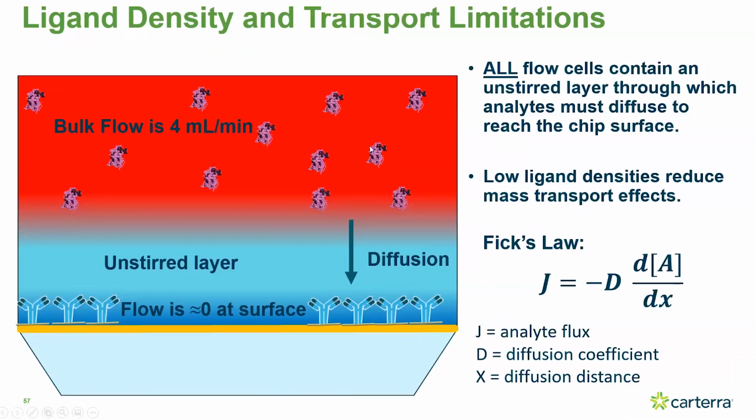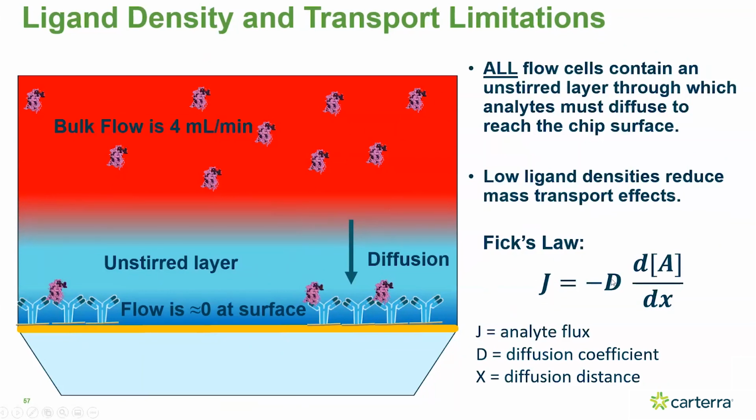So a property of all laminar flow cells is that you have a bulk flow, and then as you approach the surface, there's actually no fluid movement. And so you end up with what's called an unstirred layer that molecules need to diffuse through to actually access the surface. So the rate at which those molecules can move through that unstirred layer is diffusion, but it can be described as a flux, which is governed by Fick's law.